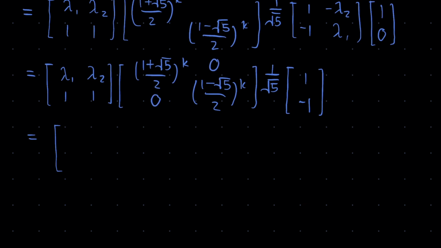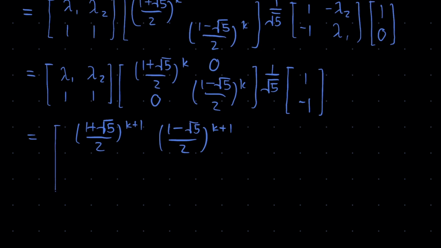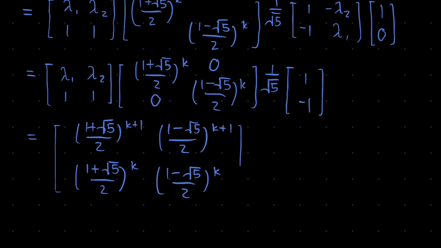We directly have ((1 plus square root of 5)/2) to the k plus 1, ((1 minus the square root of 5)/2) to the k plus 1, and this matrix is not large enough. ((1 plus the square root of 5)/2) to the k, and ((1 minus the square root of 5)/2) to the k, close brackets. And now we can take this constant multiple out front and this vector.